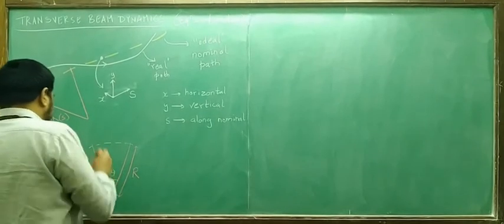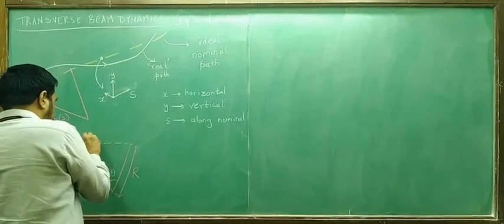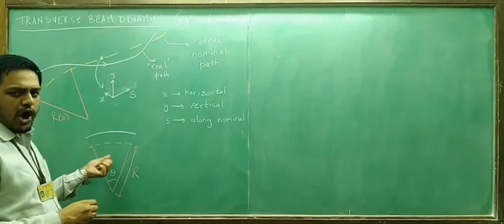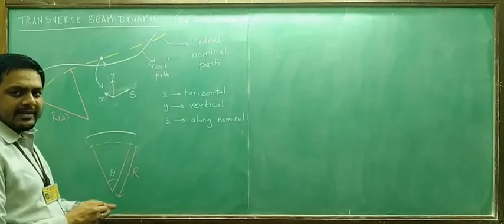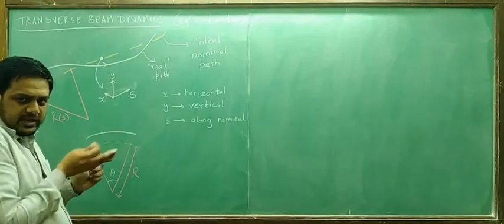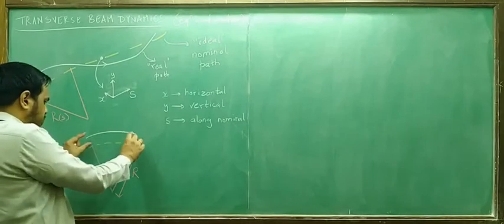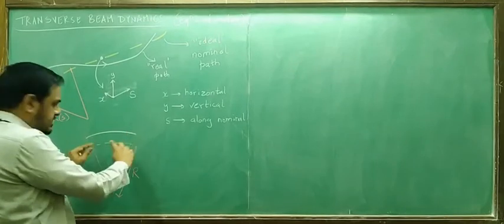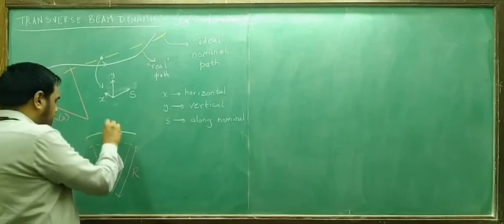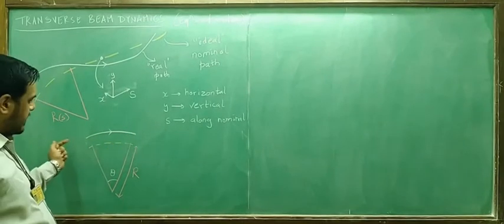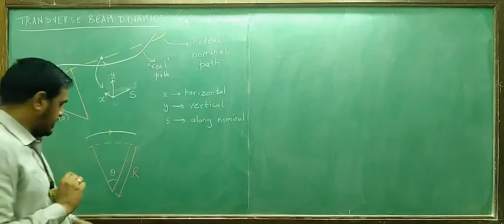Now, suppose the real path of the particle goes this way. For the time being, assume it is almost parallel to the nominal trajectory, in the sense that you have taken a very small portion so that the deviation is not much. So throughout this region, we are assuming a more or less constant distance between the nominal trajectory and the actual trajectory. The particle is supposed to go from here, but it is going from here. This is the basic idea.